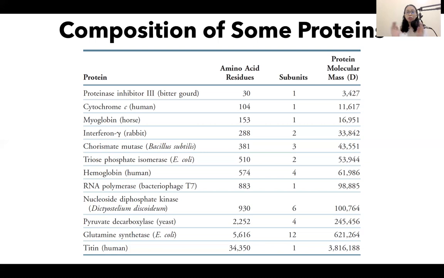But although this spectrum is very wide, we see that in this very short list of proteins, the majority of them have less than 1,000 amino acids. Now, of course, this is not a comprehensive, exhaustive list of proteins, but we see a pattern.